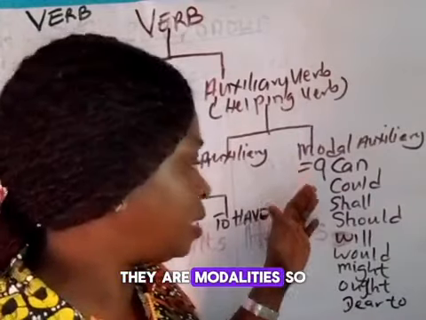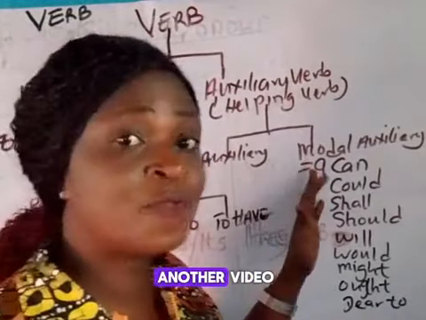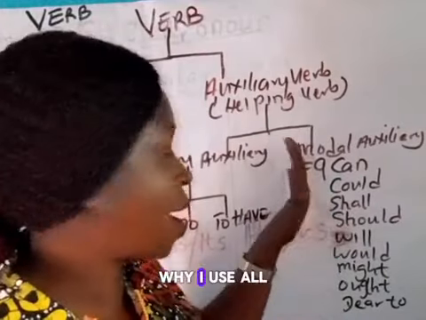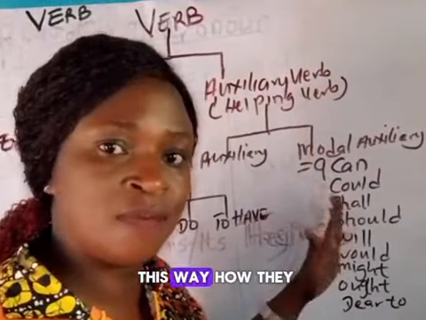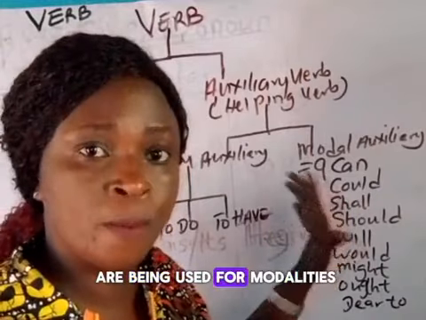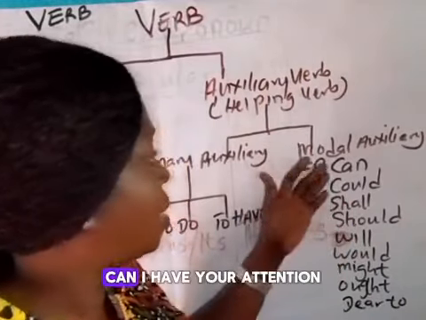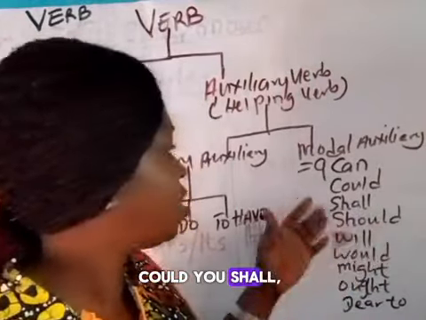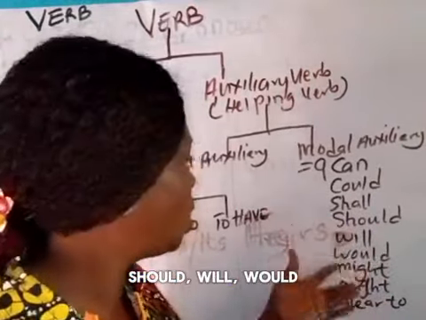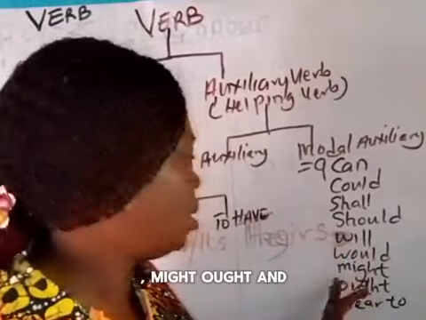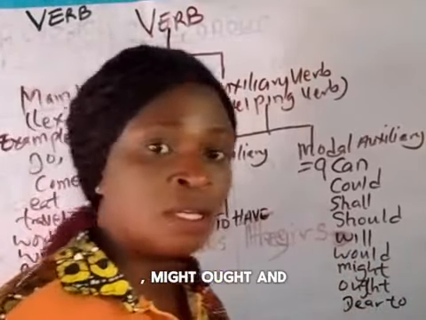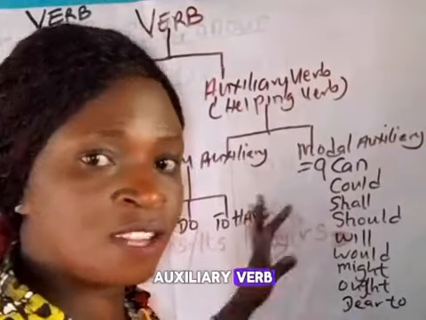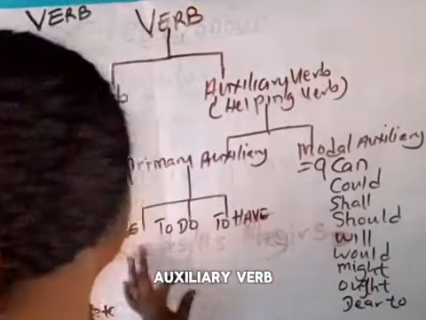In another video I will do a training where I use all these verbs, and how they are used for modalities. Can I have your attention? Could, shall, should, will, would, might, ought, and dare to. They are all modal auxiliary verbs.